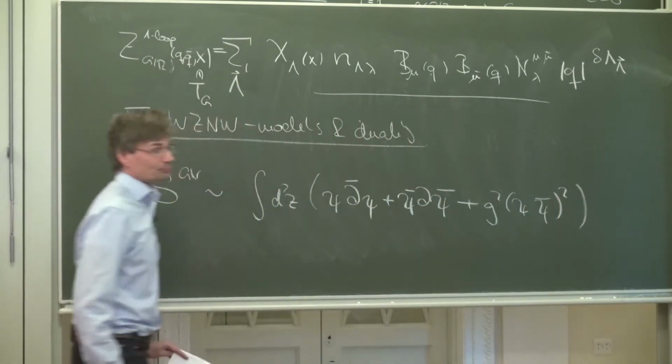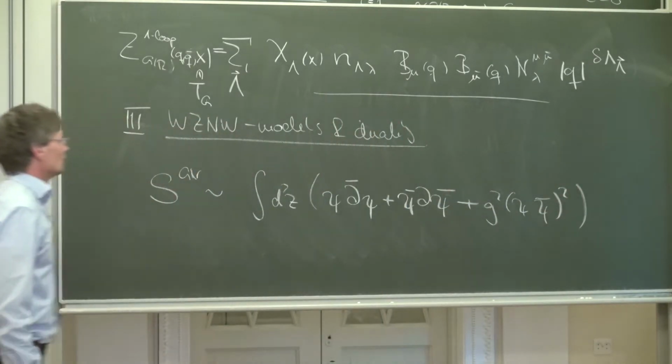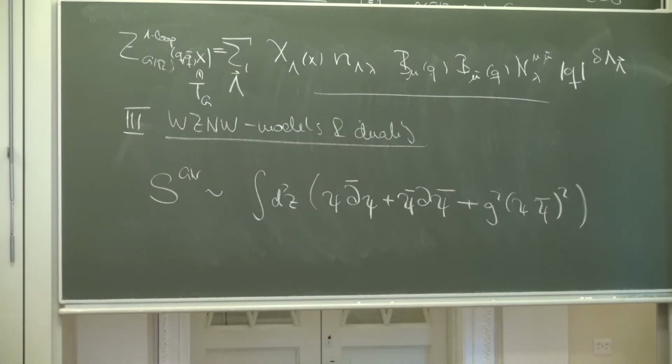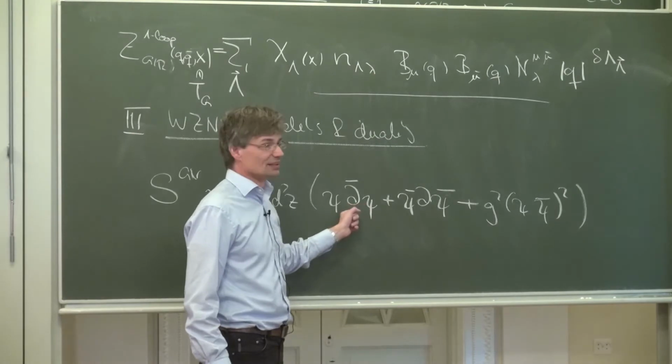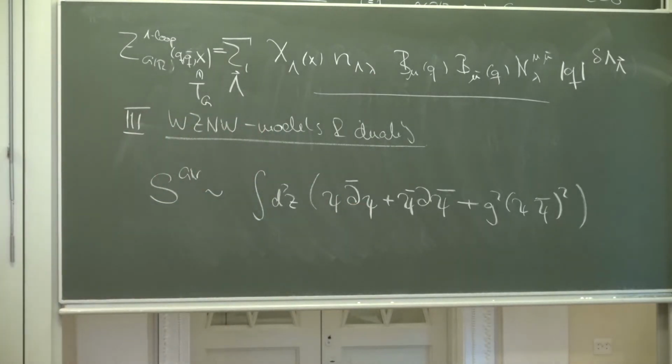This is with the metric eta, this contraction. So this is a model that one would write down, called an OSP Gross-Neveu model if psi here is an object of dimension 1/2 that sits in the vector representation of OSP.